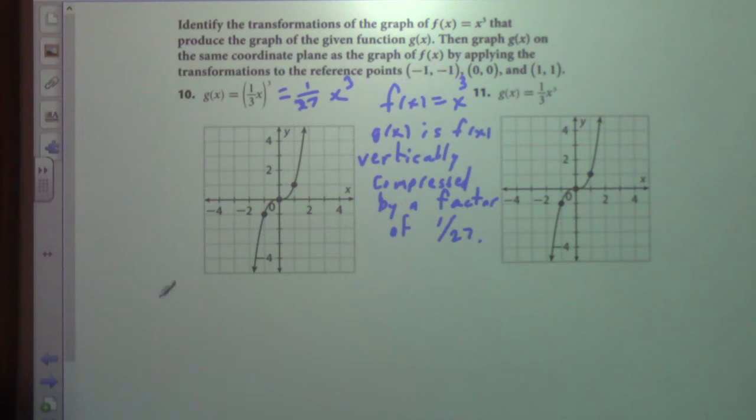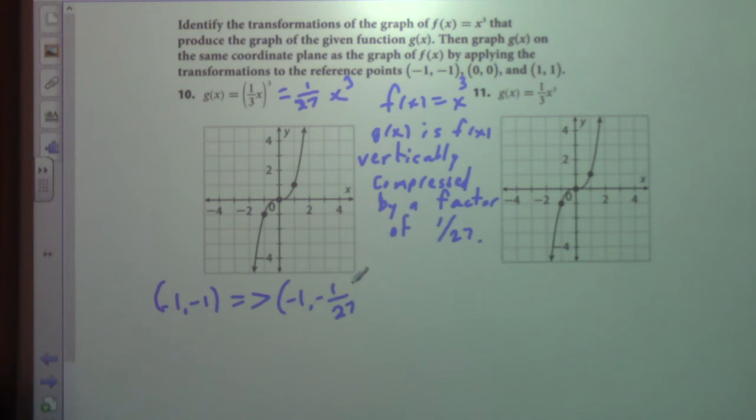And then it also says, I appreciate during sixth period Dawson reminding me of the translation of the reference points. So if we take our reference point of -1, -1, and we vertically compress this by a factor of 1/27th, what's this going to be? It's going to be -1, -1/27th, right?